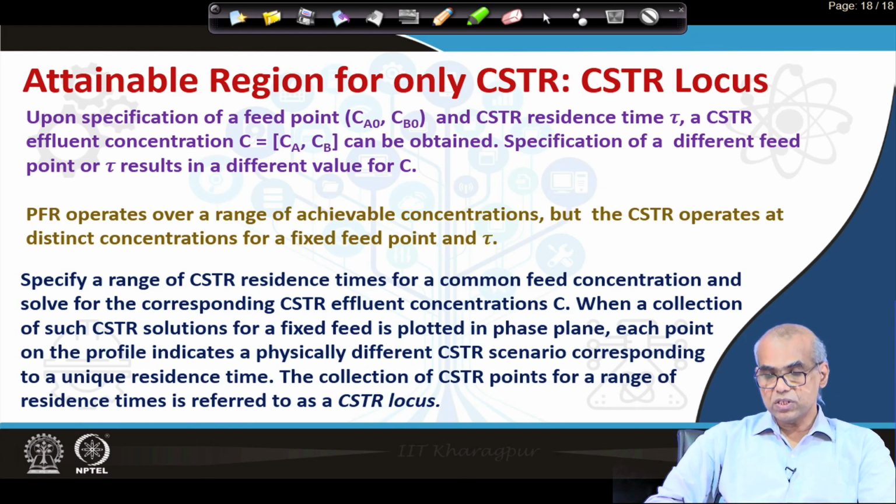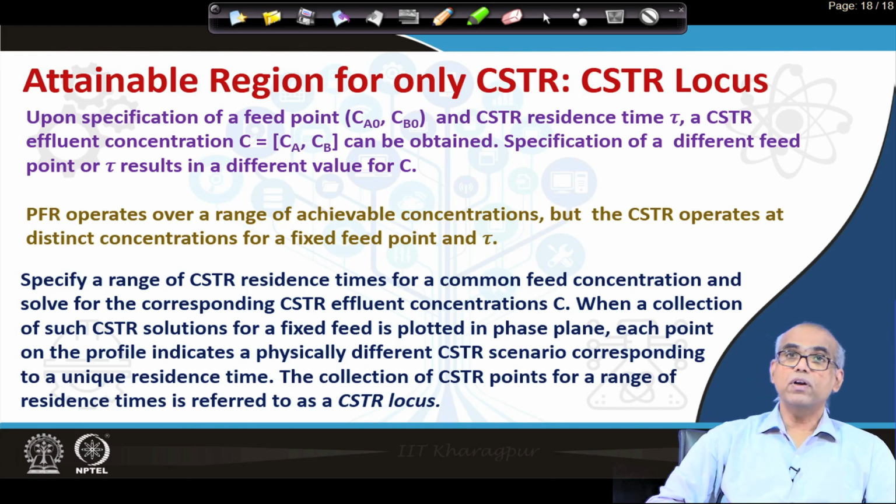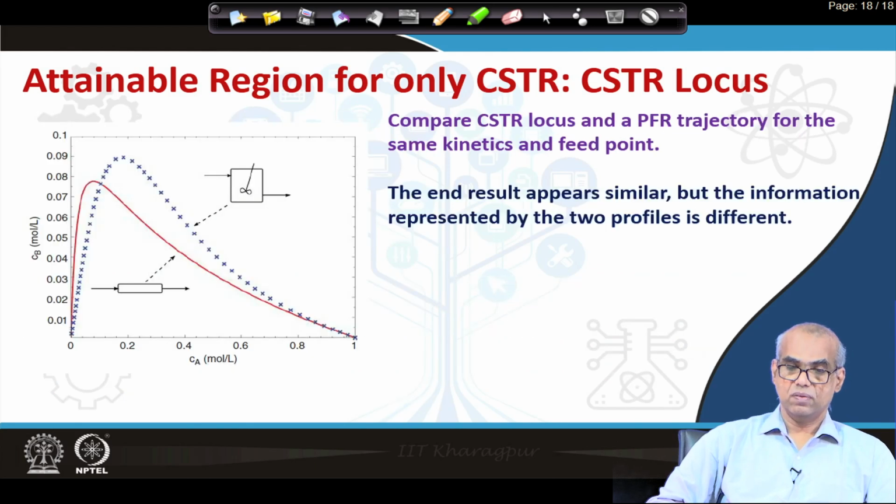The collection of CSTR points for a range of residence times is referred to as CSTR locus.